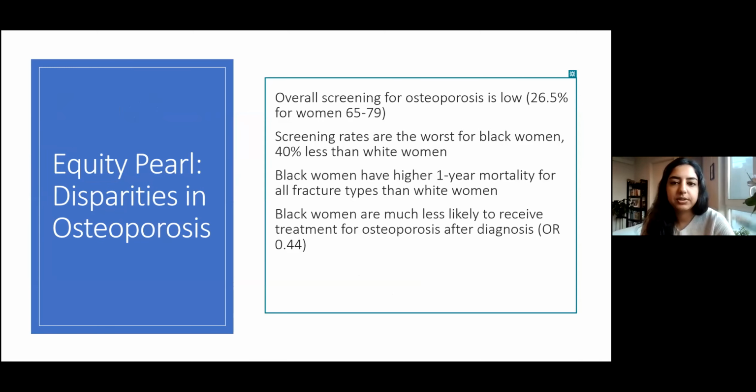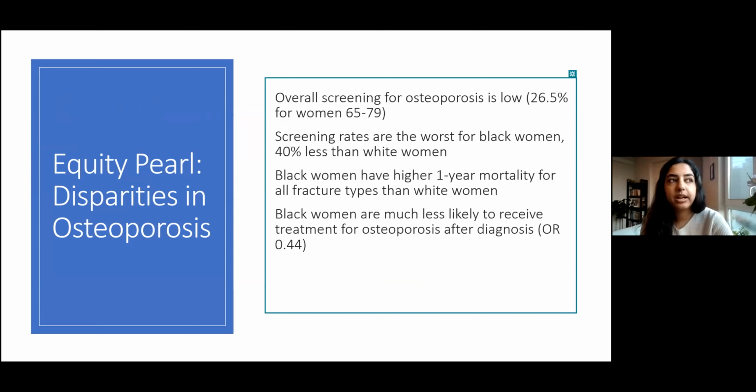Another equity lens for this, so thinking about disparities that exist in osteoporosis. Just in general, screening for osteoporosis is low for all comers. Only about 1 in 4 women who are eligible for screening actually get it. The screening rates are much worse for Black women. So 40% less screening occurs for Black women.